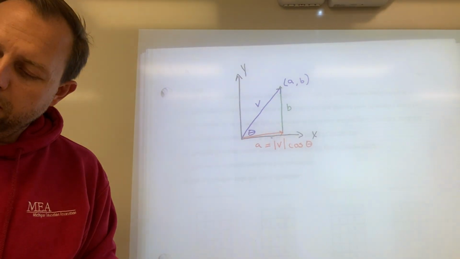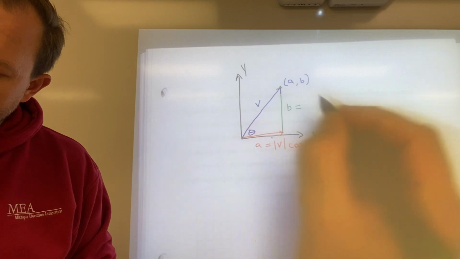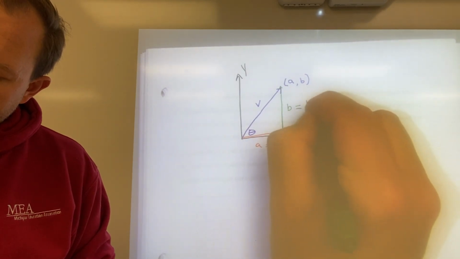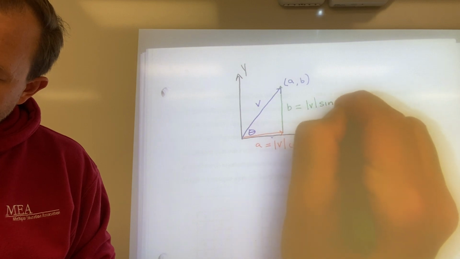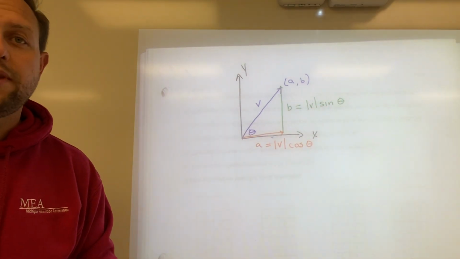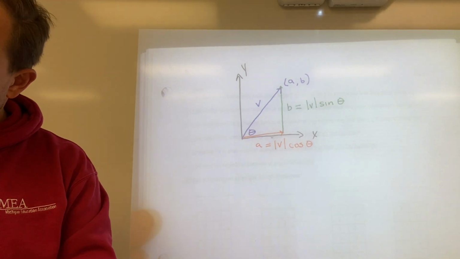For B, the sine gives us opposite over hypotenuse, so B is the length of V times the sine of theta. Pulling those straight out of last semester.